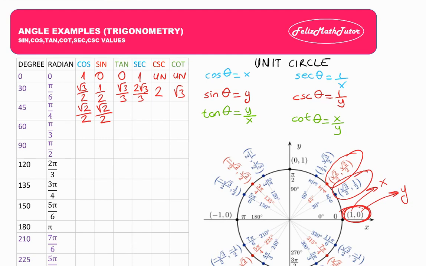We are in the first quadrant, by the way. And then reciprocal of the cosine, we will get square root of 2. Reciprocal of sine, we will get square root of 2. And cotangent is the reciprocal of the tangent, which is 1 again.